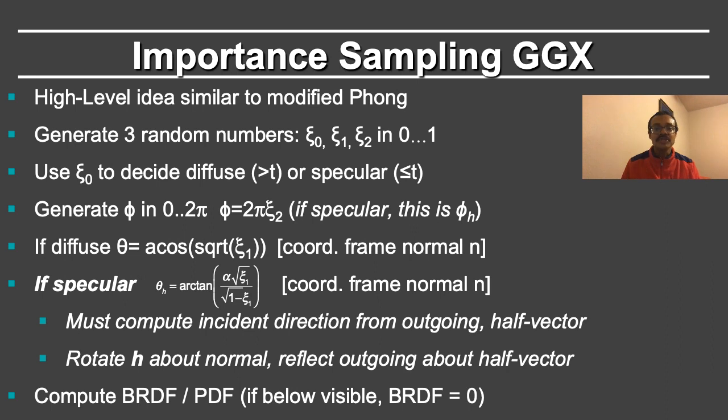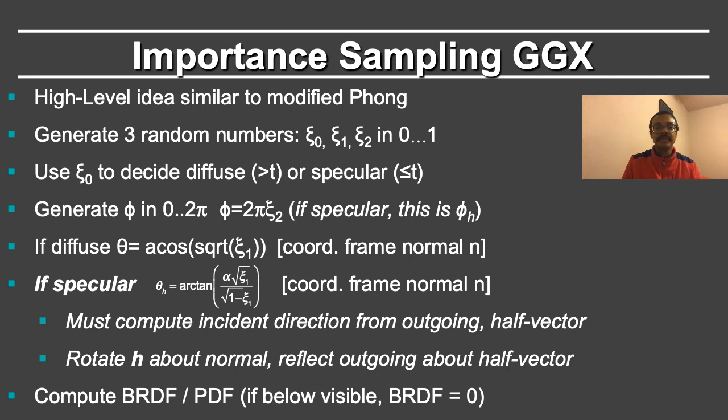So what you actually end up doing is sampling the half vector. You get theta h and phi h. From that, given the half vector and the outgoing direction, you need to compute the incident direction, such that the incident plus the outgoing gives you that half vector. This can be done easily by rotating h about the normal and then reflecting the outgoing direction about the half vector.